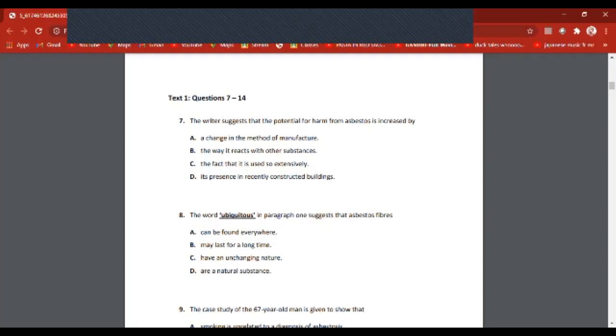So third is about usage: is it widely used or not widely used? Or fourth, the presence in recently constructed buildings. So fourth is about presence in buildings. So let's go to the first part.